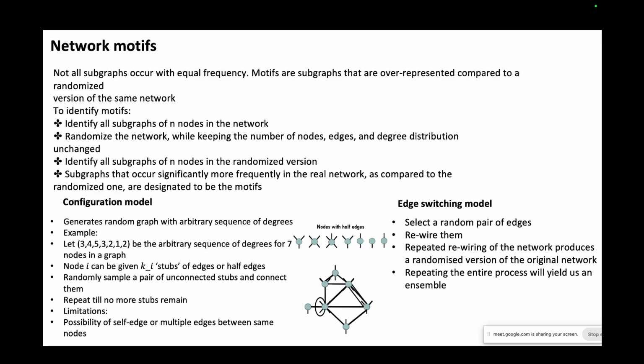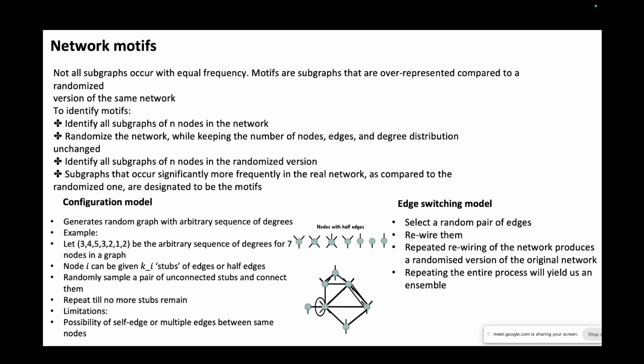So if you find statistically significant evidence that a certain subgraph is not getting created by chance and occurs much more in your network compared to a randomized version of the same network, you can call that a network motif.